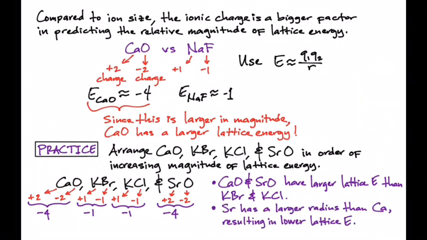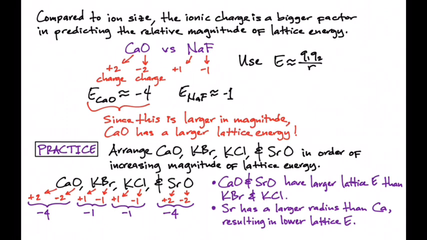Okay, so now we know that calcium oxide has the largest lattice energy, followed by strontium oxide. What about KBr and KCl? Well, we know that they have the same Q1 and Q2 values, so the only thing that we need to take into account is also the value of R. And so, which one has a larger ionic radius?